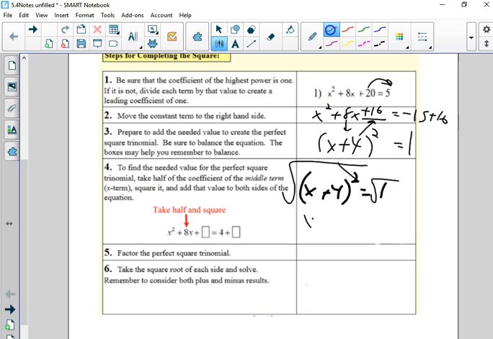So what it gives me is x plus 4 equals plus or minus 1, because square root of 1 is 1. But when we do the square root method, we must always put plus or minus. Now, I basically just solve 2 problems. I have x plus 4 equals positive 1, and x plus 4 equals negative 1. What we've just done previously. And so I'm going to get x equals negative 3, and x equals negative 5 for my answer.